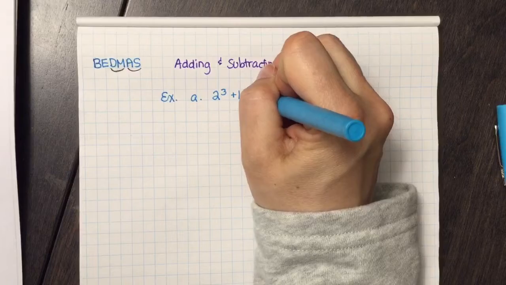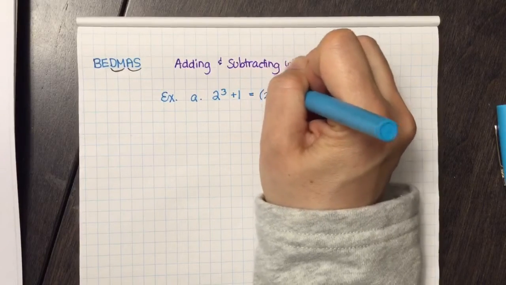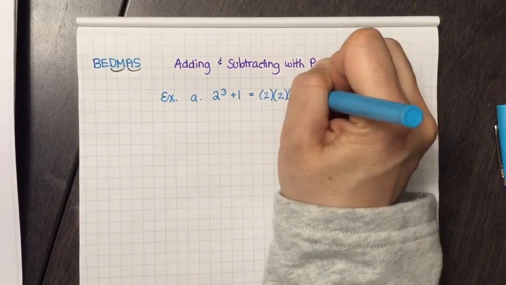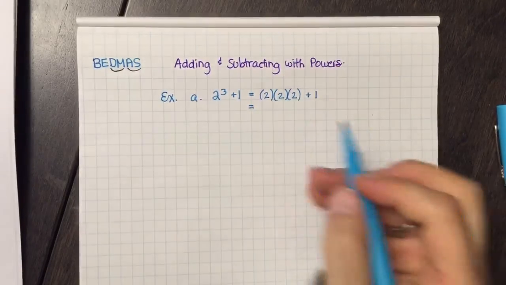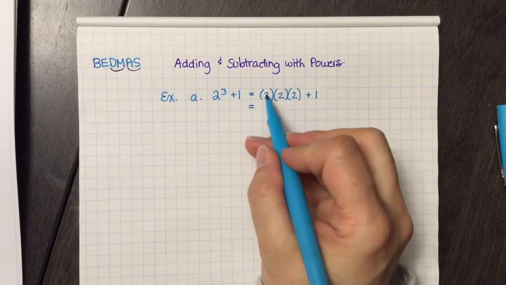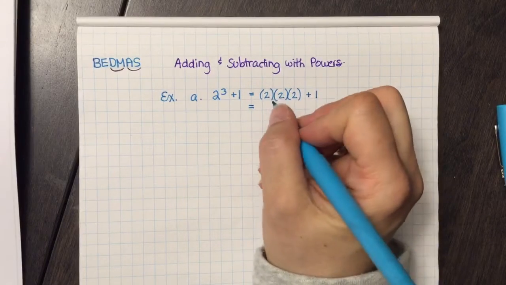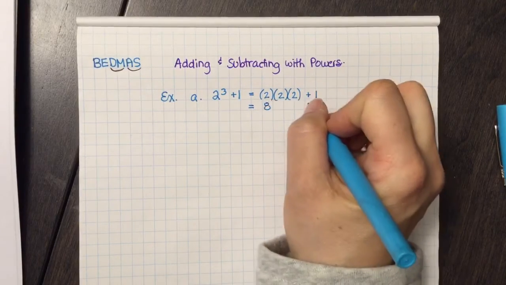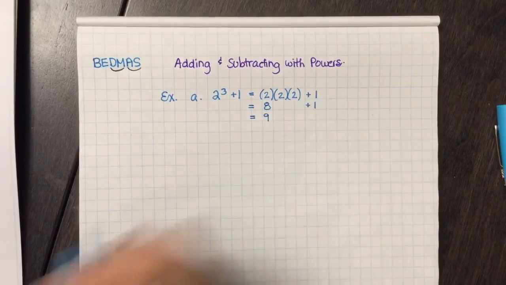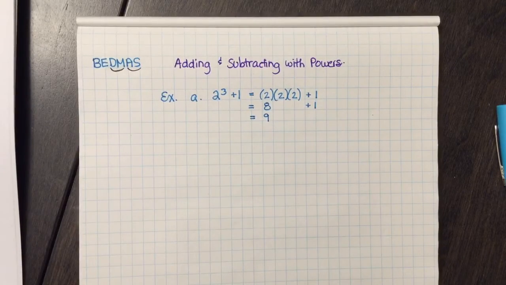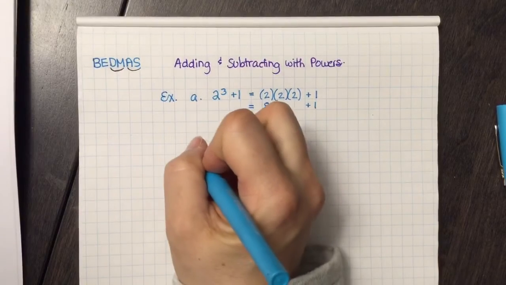That's the same thing as saying 2 times 2 times 2 plus 1. Next, multiplication. 2 times 2 times 2 is 8, plus 1, and now I can do my addition, 9. Awesome. Not that bad.